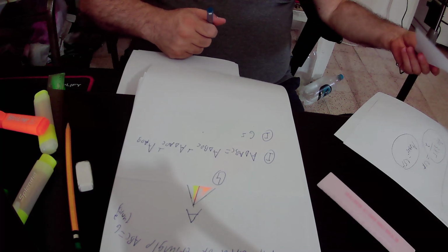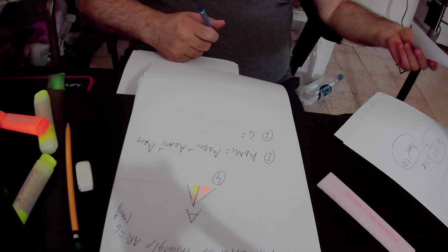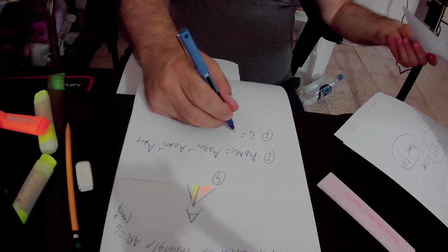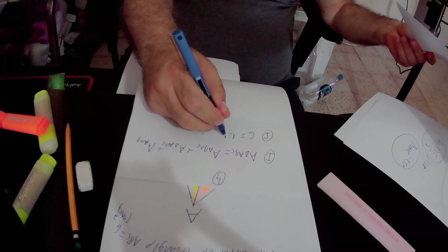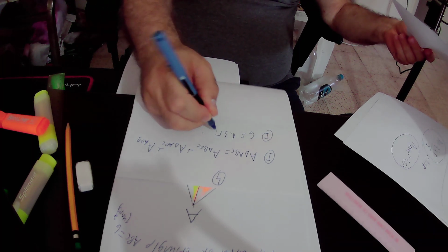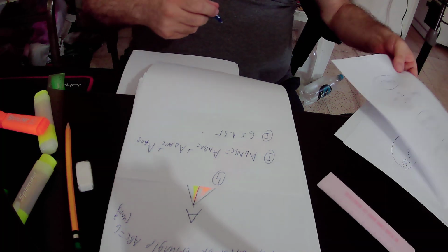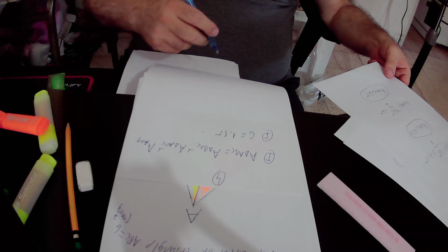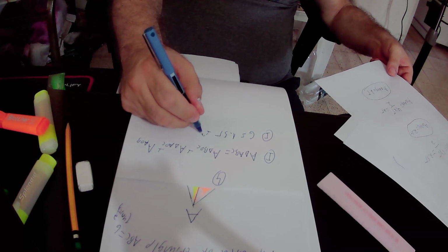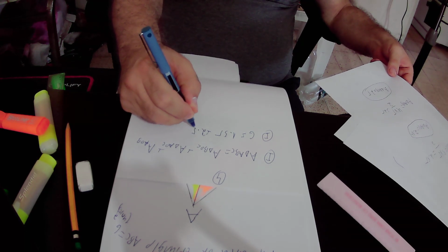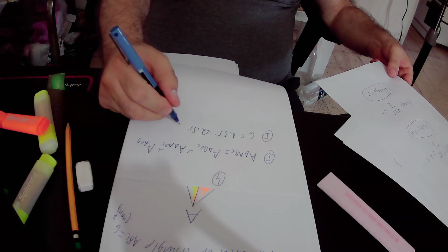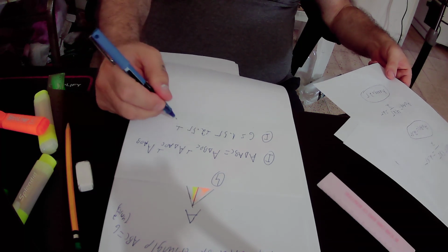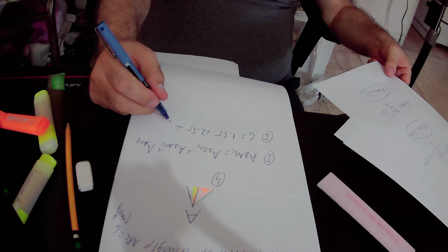And the area of triangle BOC is 1.5 r, the area of triangle AOC is 2.5 r, and the area of the pink triangle equals 2 times r.